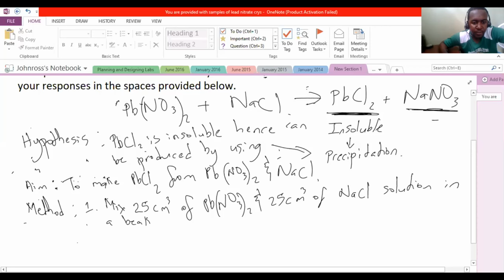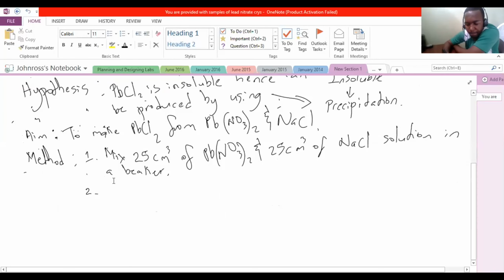After we mix, what do we do? Filter to remove the precipitate.